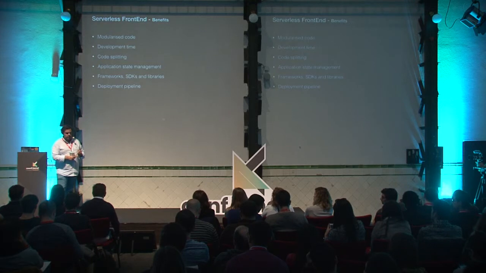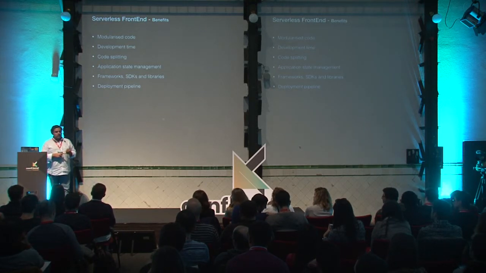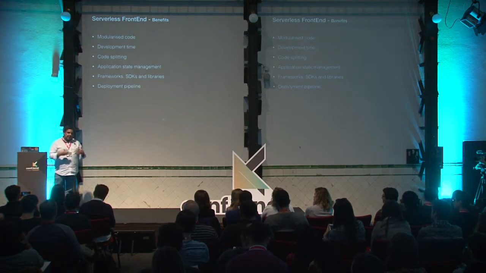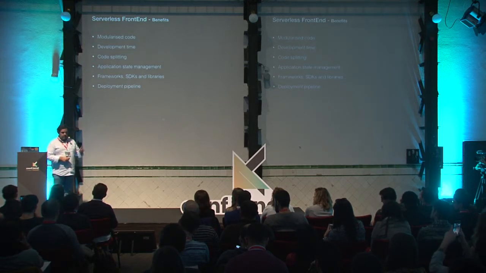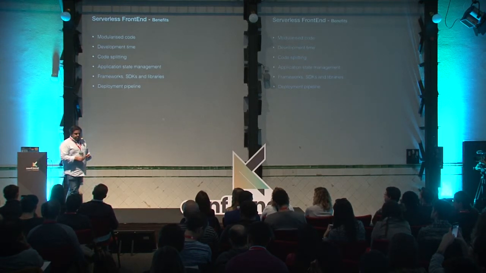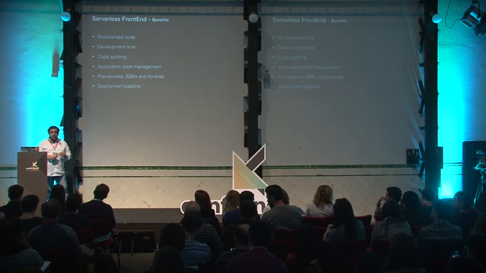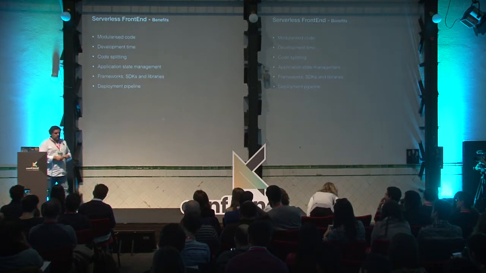I prefer to use a BEM structure of the CSS classes, so it mitigates the clashing of CSS classes. For instance, the button can have a wrapper, and the header can have a wrapper, and everything is okay because the component name is there. Development time is much, much faster because you are just developing small, very contained modules.